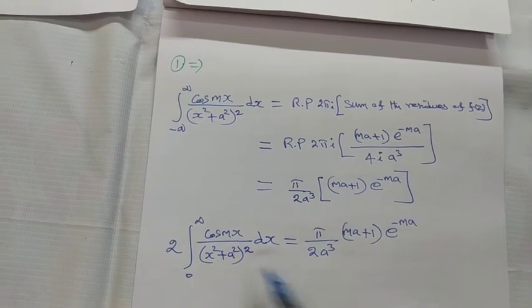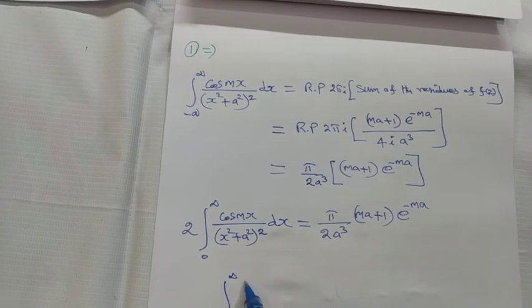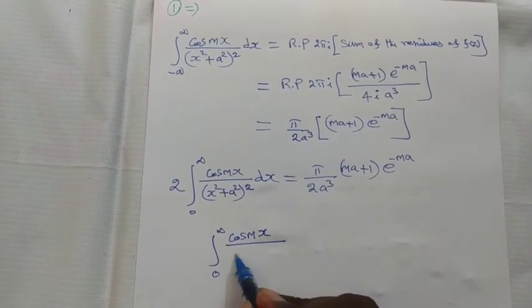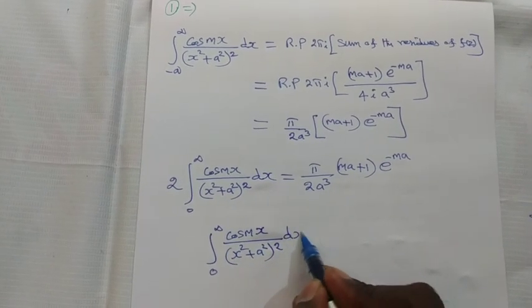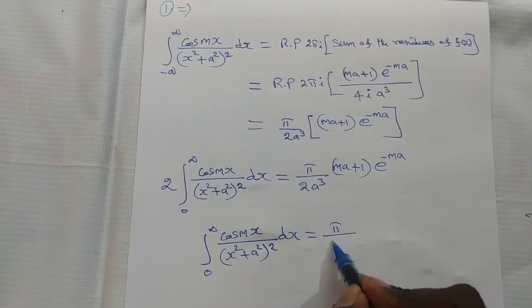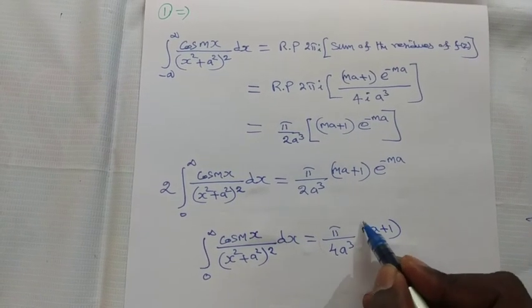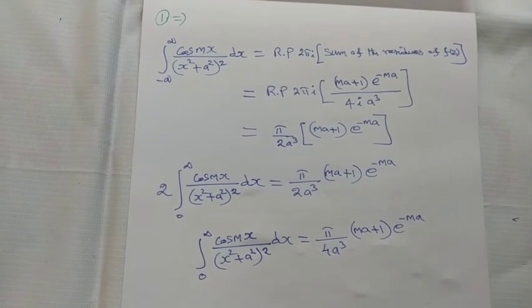Okay, so this 2 can be taken to the right hand side. Finally the answer is: integral 0 to infinity of cos mx by (x square plus a square) the whole square dx is equal to pi by 4a cube into (ma plus 1) into e power minus ma. So this is the answer of the problem.